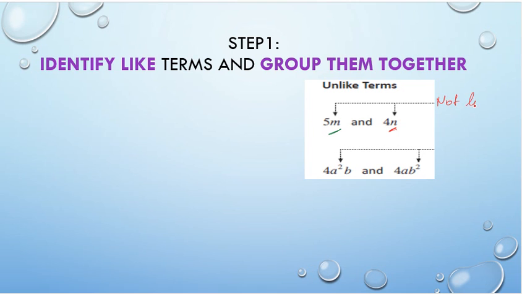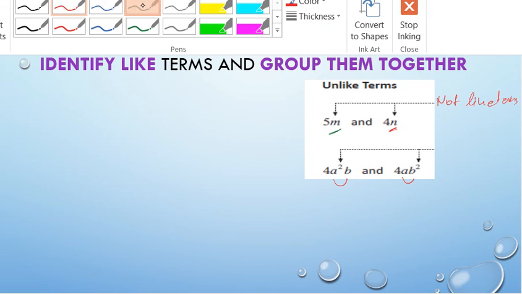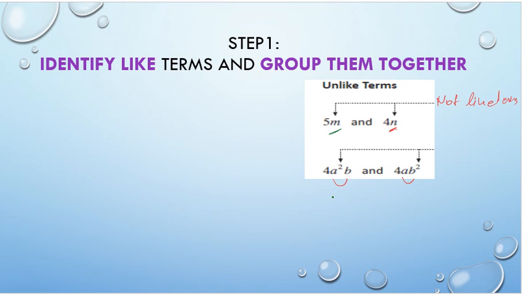Not like terms. I cannot do anything else. Are these two like terms? A, B on both sides. Well, this is a squared and this is a. It's like having this and this. It's not the same. The same here. This is b and this is b squared. Still, it's not the same. So these are unlike terms, I cannot add them.